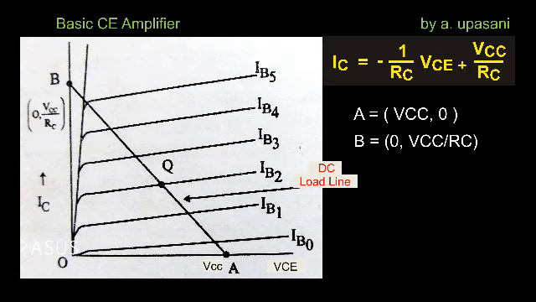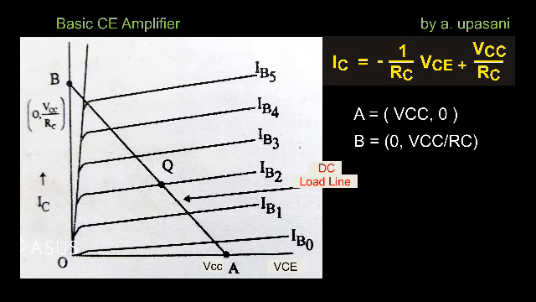For faithful amplification, we need this operating point to be set in the middle of the DC load line. In the diagram you can see that for the base current IB2, the intersection with the DC load line is in the middle of the DC load line.